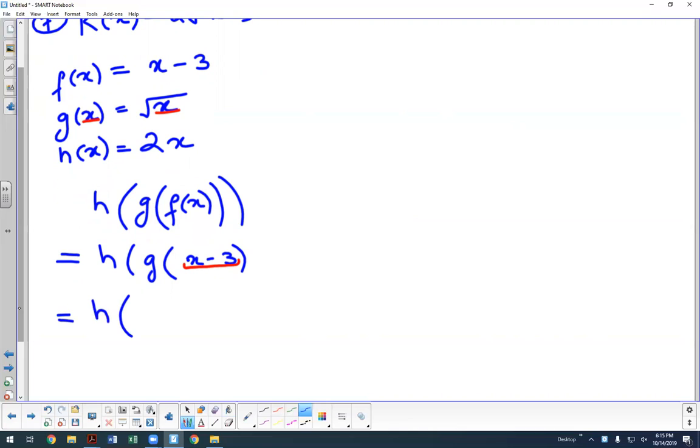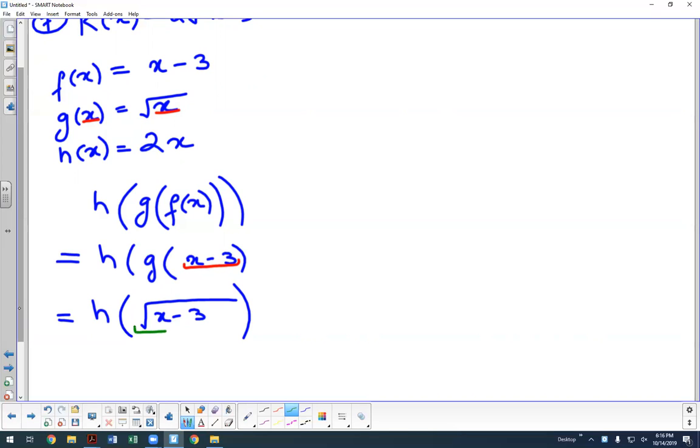So now I'm going to take this x minus 3 and put it inside the g function. The g function we defined as square root of x. Instead of x, replace it with x minus 3.